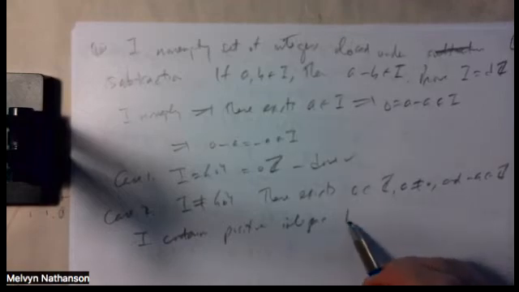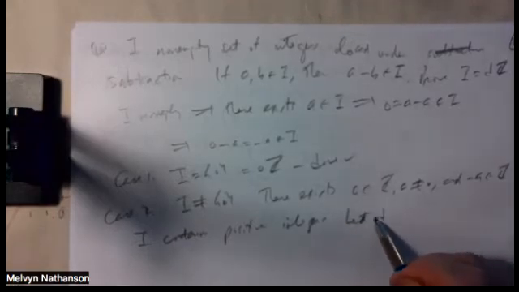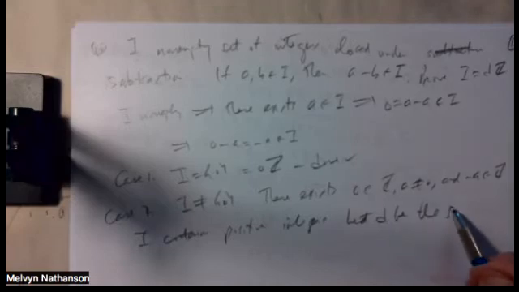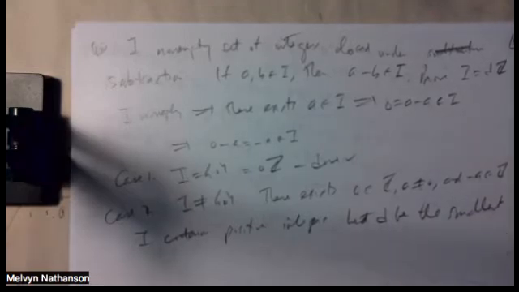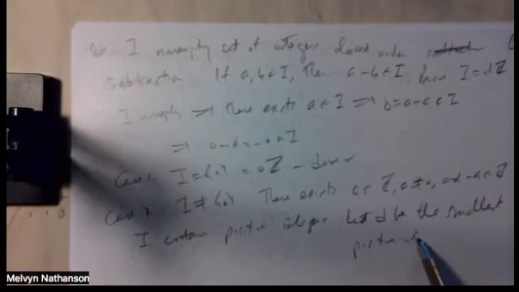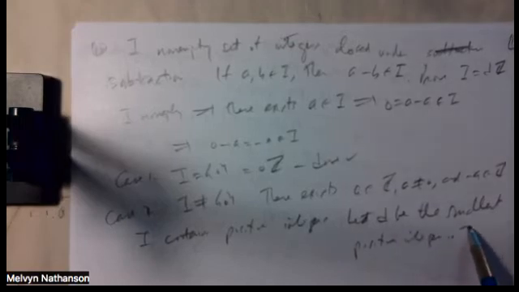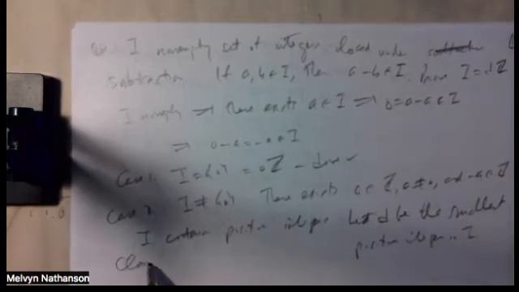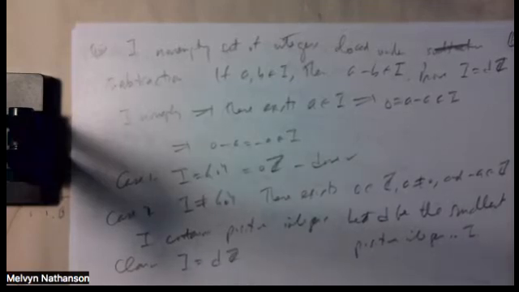And let D be the smallest positive integer contained in I. I claim that I will consist of all multiples of D.